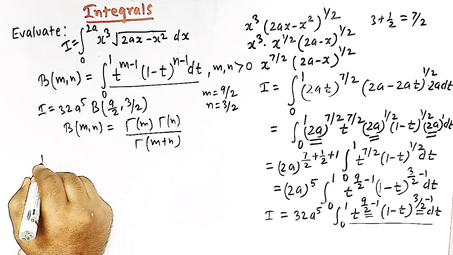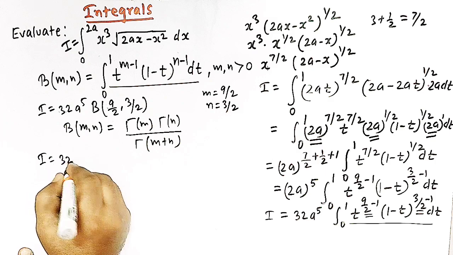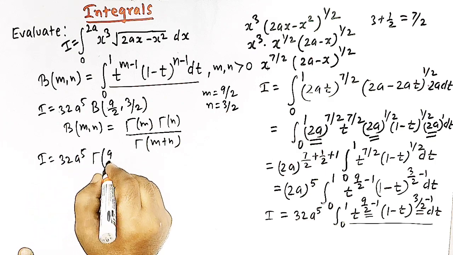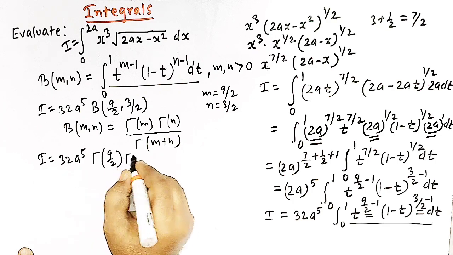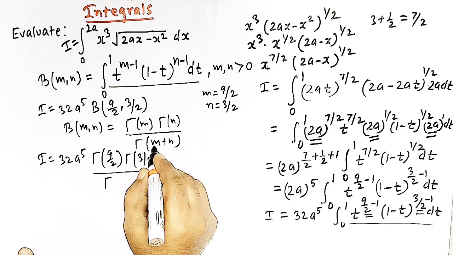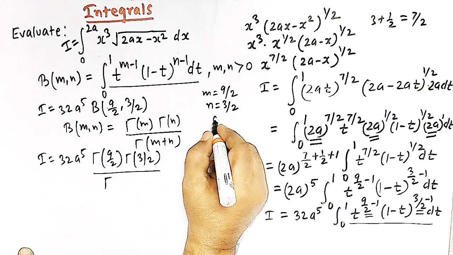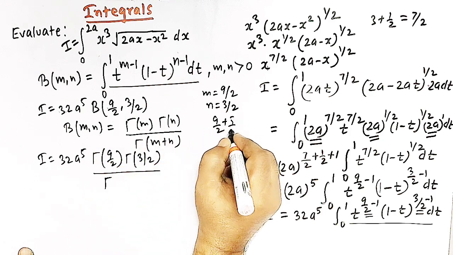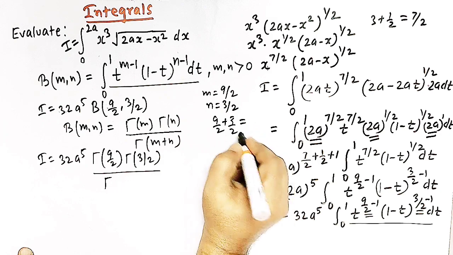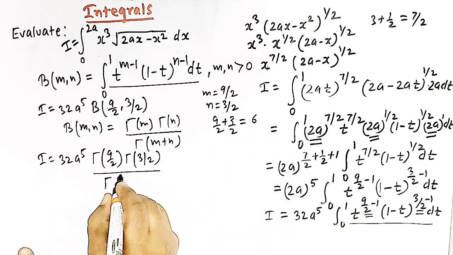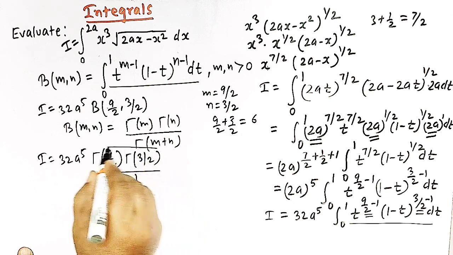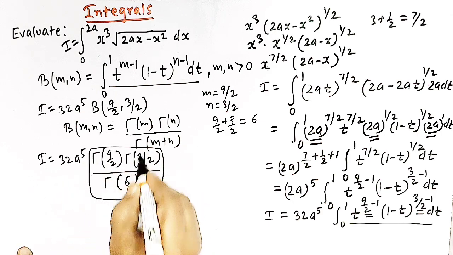So here we have now I is equal to 32a raised to 5, and here we have gamma 9 over 2, then we have gamma 3 over 2 and gamma m plus n. So 9 by 2 plus 3 over 2 is 9 plus 3 is 12, 12 over 2 is 6. So here we have 6. So now we have to evaluate this expression.